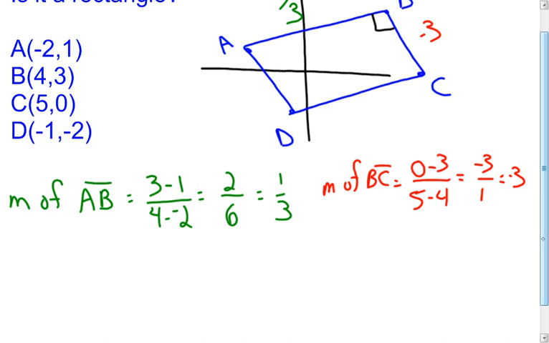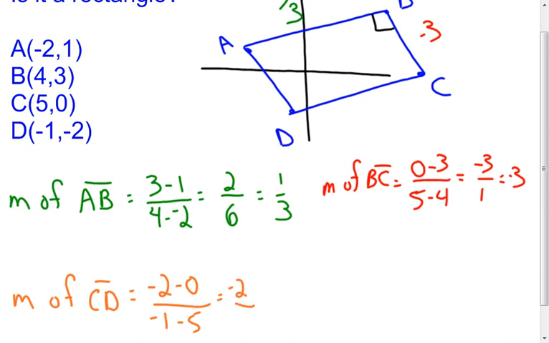Next, I'm going to go to the slope of segment CD. Go ahead and calculate that. So I'll do negative 2 minus 0, and then negative 1 minus 5. That puts me at negative 2 over negative 6 for a slope of 1/3.